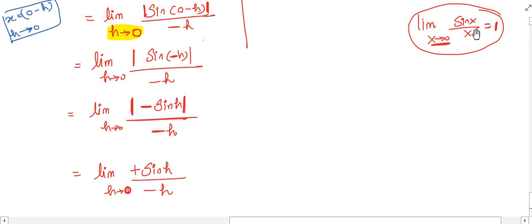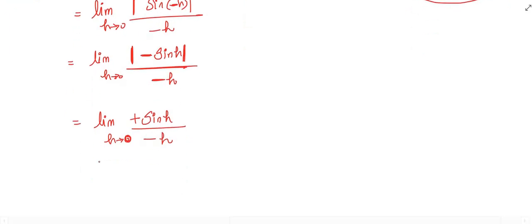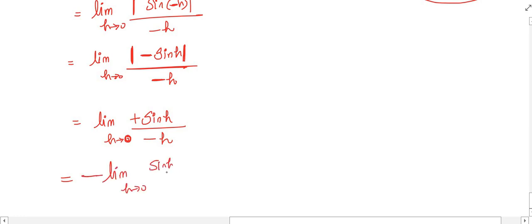This and this are pretty much matching except this minus sign. So not a problem. We can take this minus in front. H is tending to 0, sine h by h. Now you don't need to solve or simplify it. Directly apply the formula, and this part is nothing but 1 only.